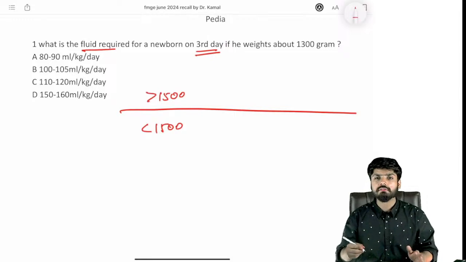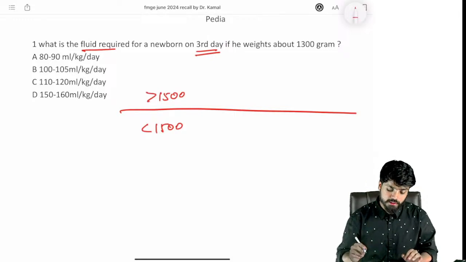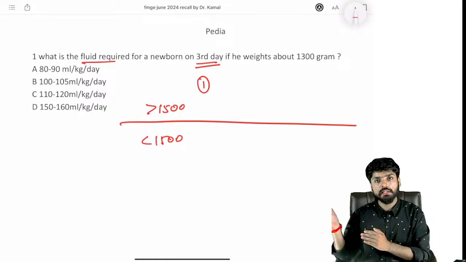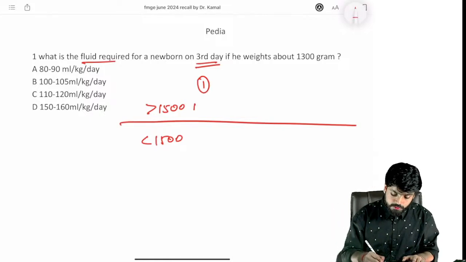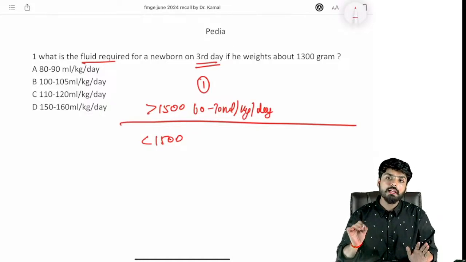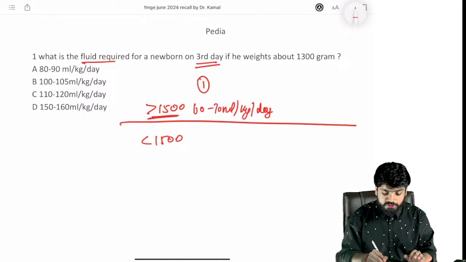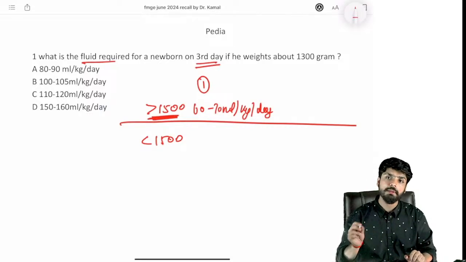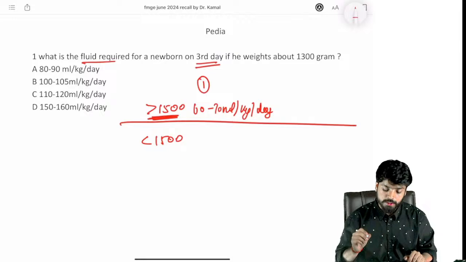Some books give a little bit of different data. What I can tell you is for day one, and then you can simply guess it yourself: 60 to 70 ml per kg per day is required for a child more than 1500.